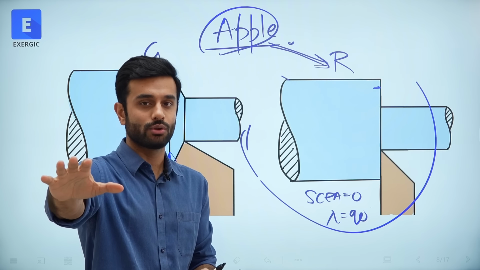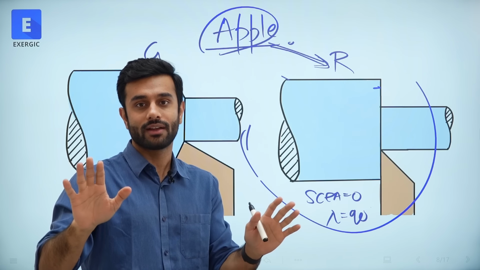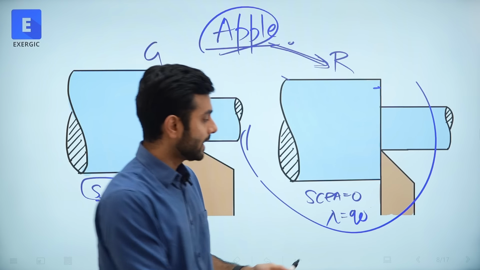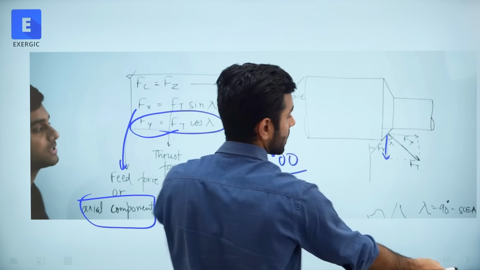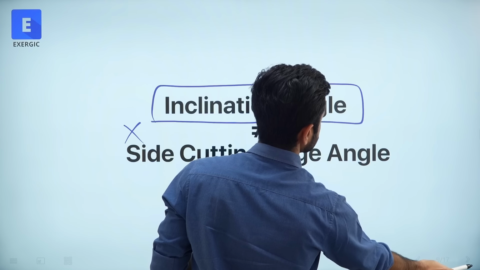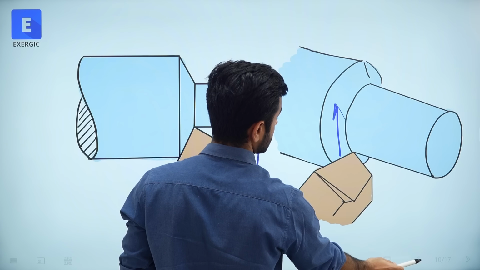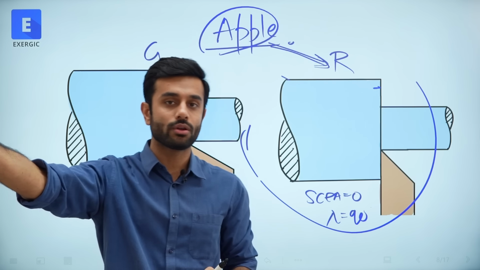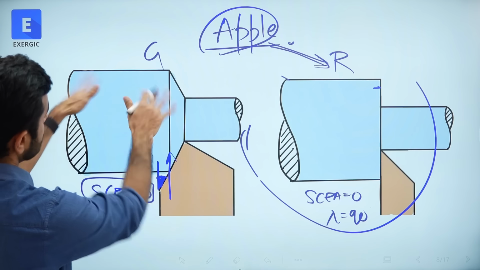From wherever you have covered, at least not in Exergic, I have never said this. As I showed you, go and check the orthogonal oblique cutting lecture, go and check this lecture, and go and check this lecture. I have kept this distinction and explained it very clearly, right? But somehow, from wherever you have covered, you got this wrong idea in your mind that this picture is oblique.